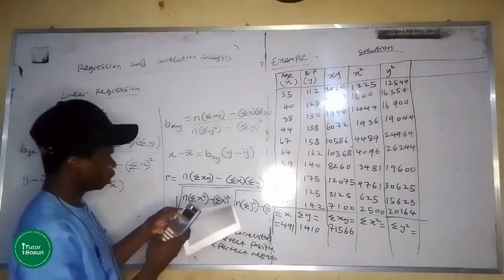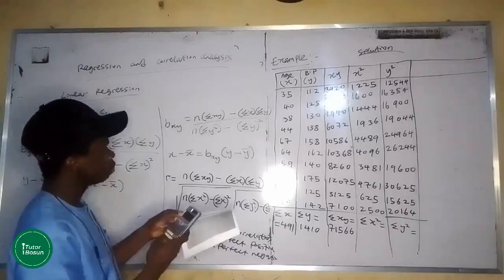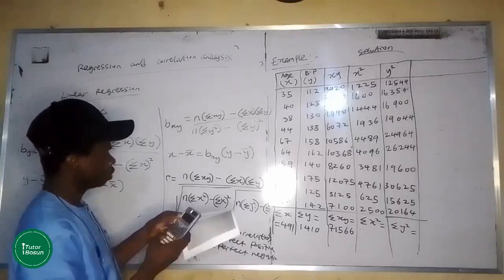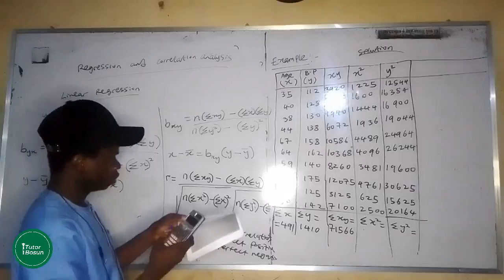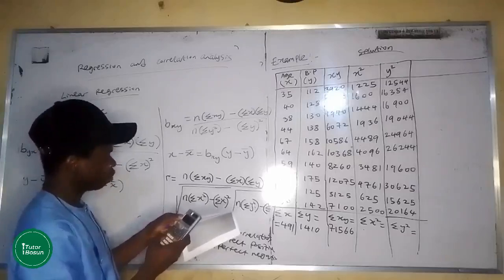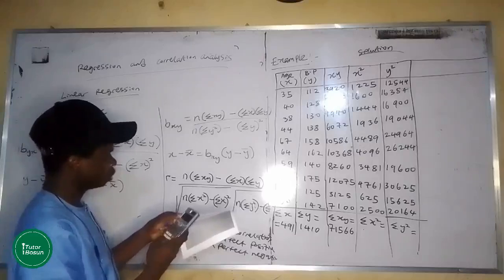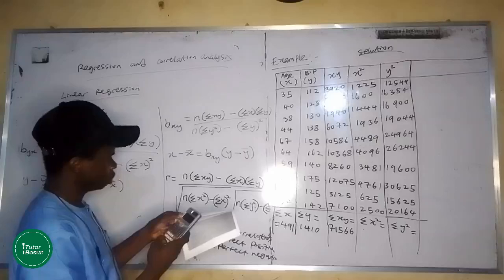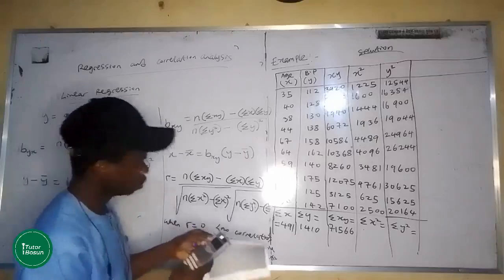1225 plus 1600 plus 1444 plus 1936 plus 4489 plus 4096 plus 3481 plus 4761 plus 625 plus 2500.